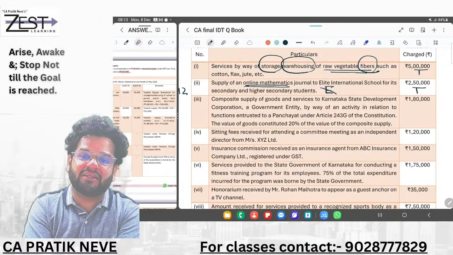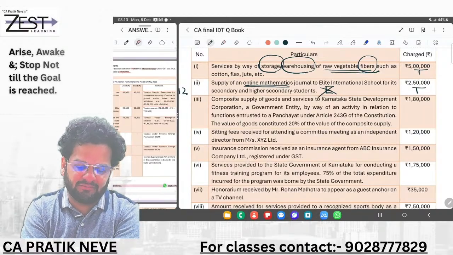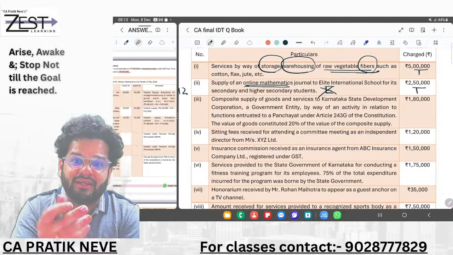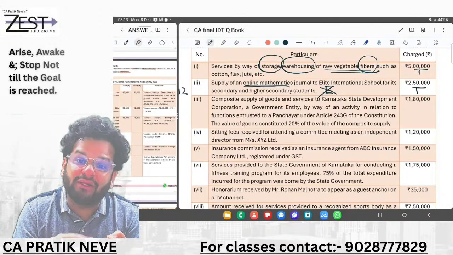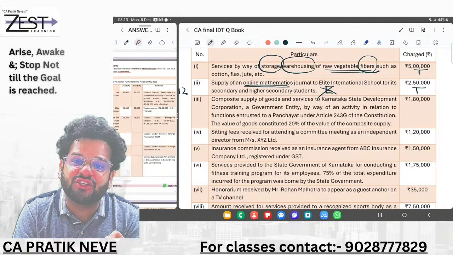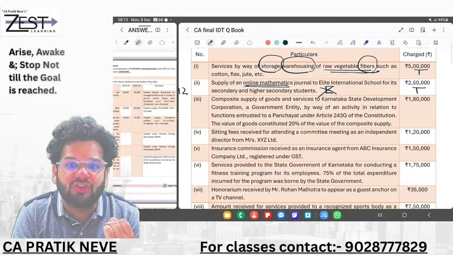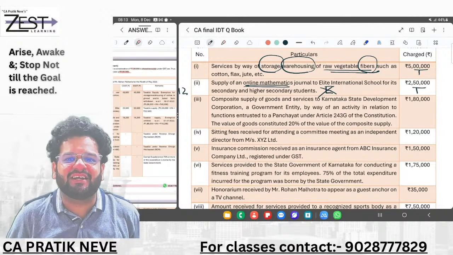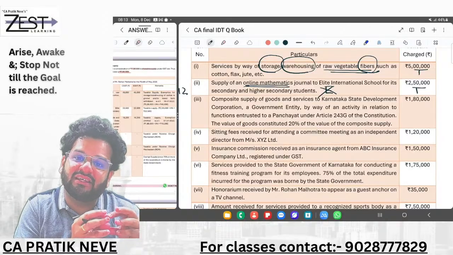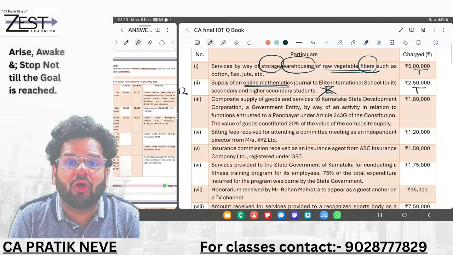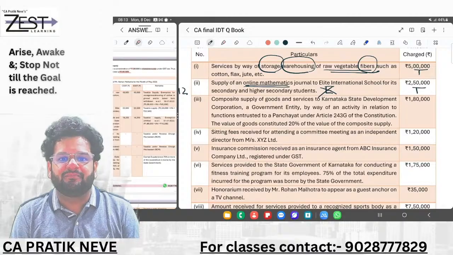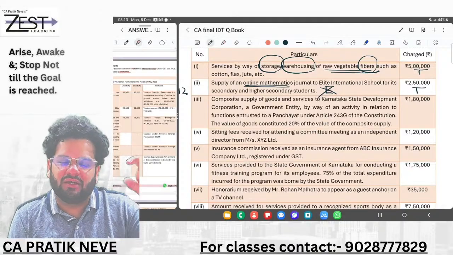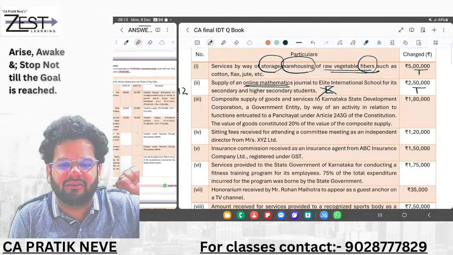Why can this not be exempt? Because exemption is for any education institution of the second category. Second category means they are giving a degree under any law for the time being in force. Not schools. School is category 1, a school giving education up to 12th standard.